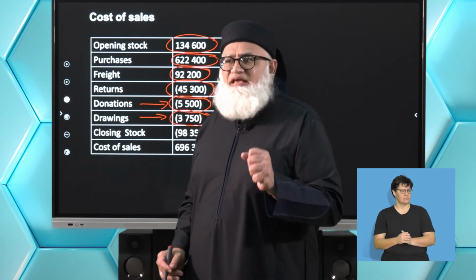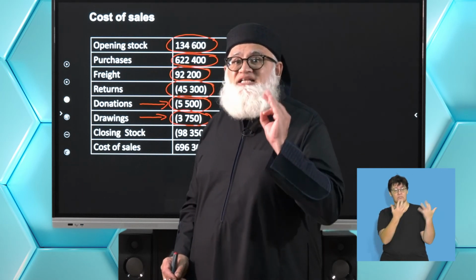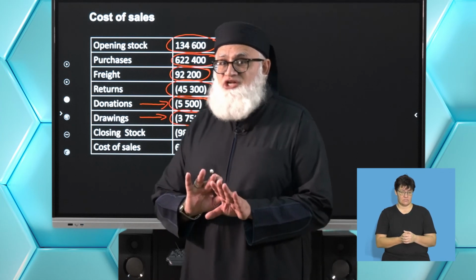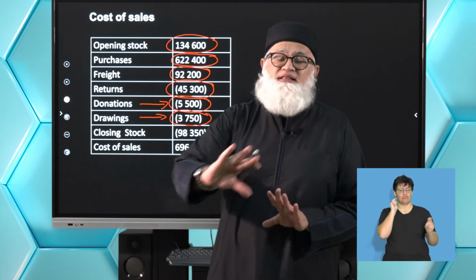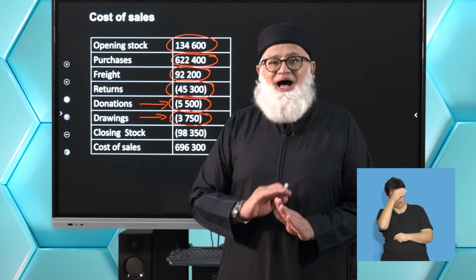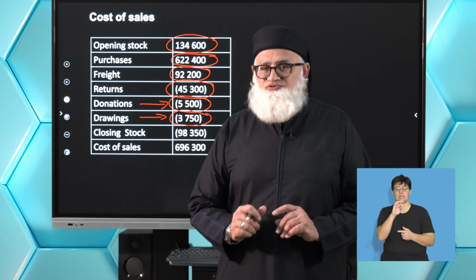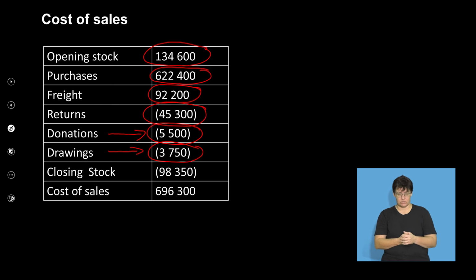If you were asked to calculate the net purchases figure, I'm changing the question slightly because I want to explain the concept to you. How would we do that? Watch what we'll do.